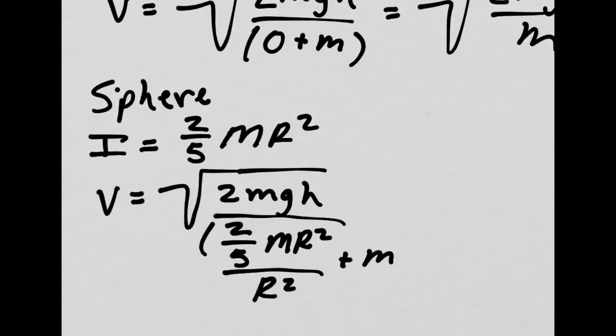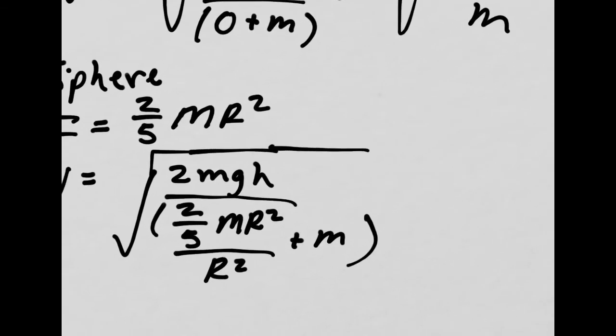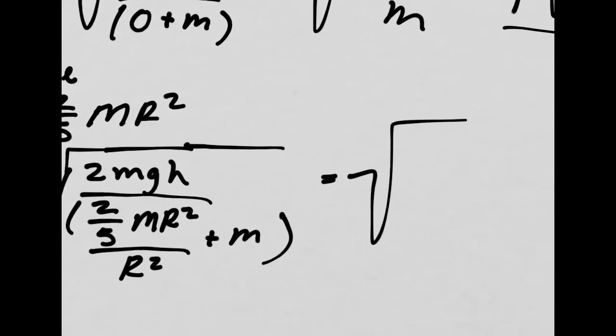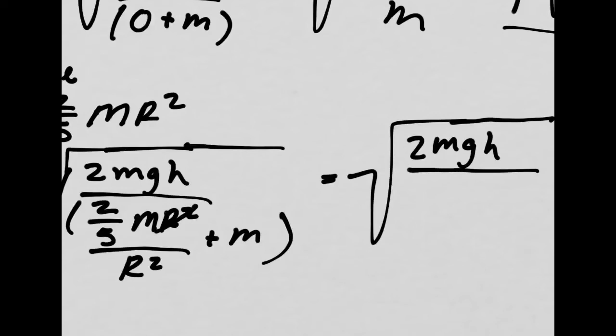All of this is under our square root. So our numerator is going to stay the same, 2mgh. Our denominator, these r's will cancel, so we'll get 2/5 m plus m.